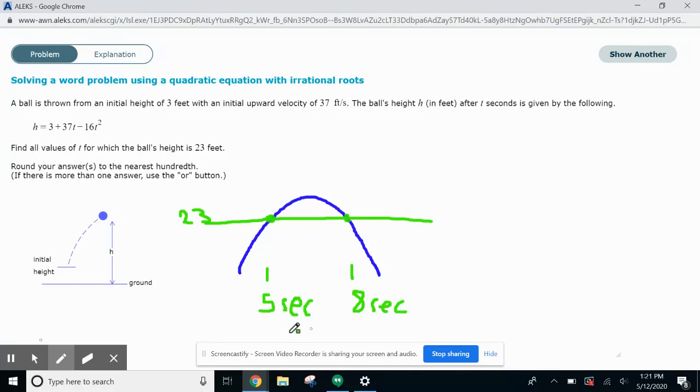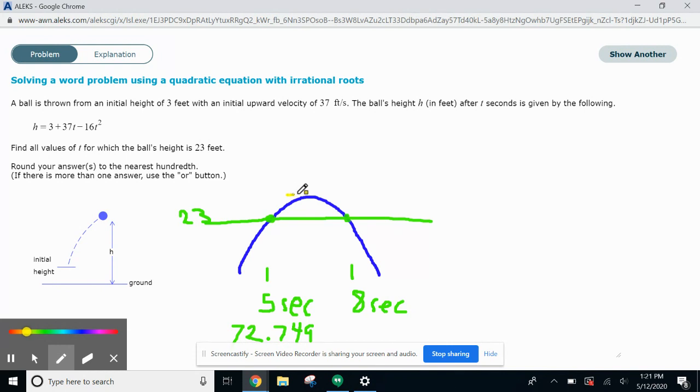Or possibly it could be at like 72.749 seconds. It could be at a lot of different spots. And depending on our parabola and what height they ask, if they're asking for 23 feet, maybe it's there.